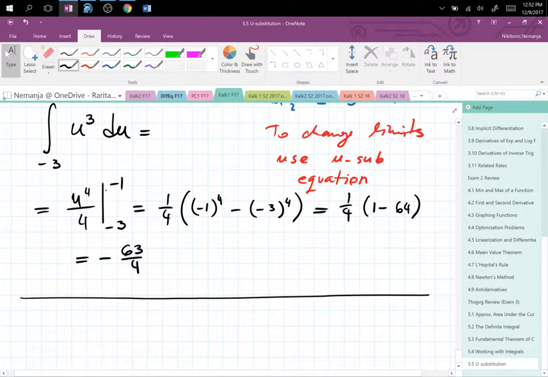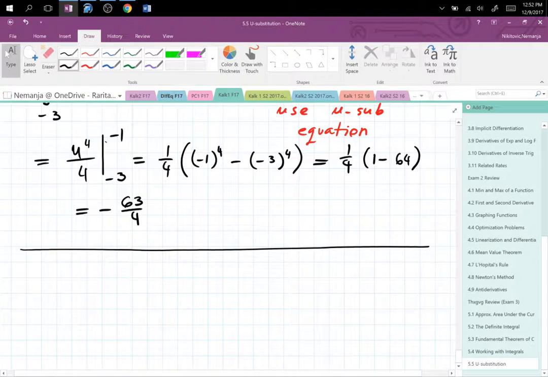Let's see some of the problems that they have in the textbook that are interesting with this. So here's problem 42. It's an amazing problem.